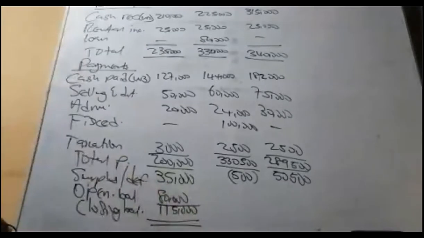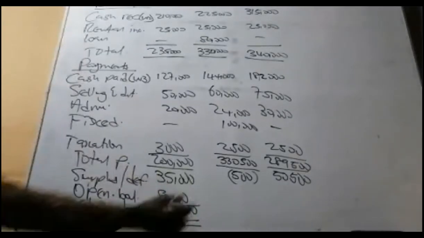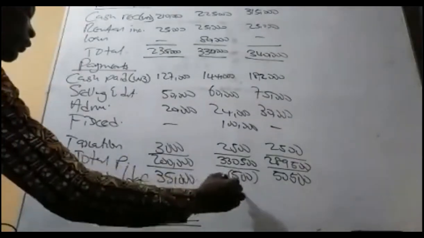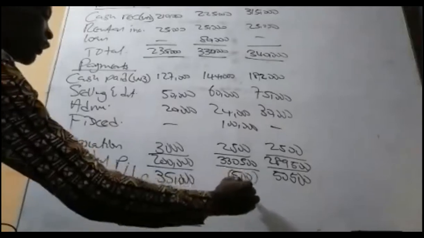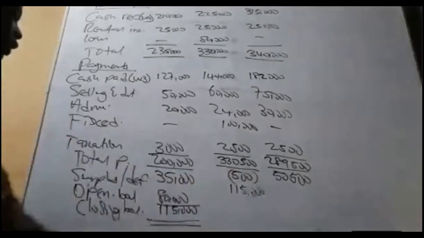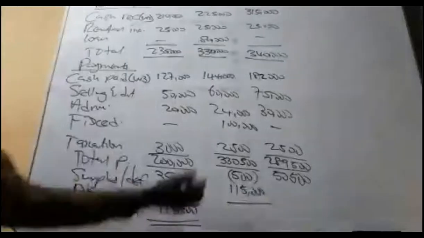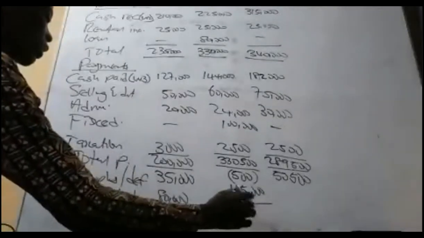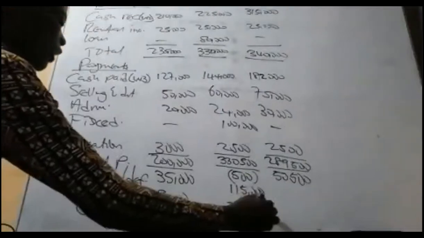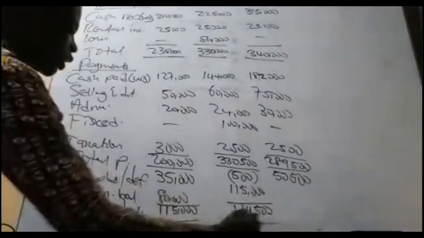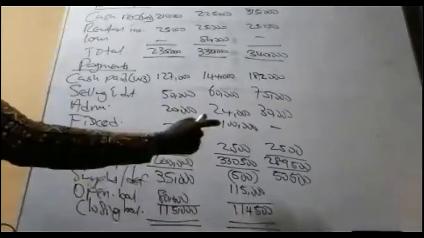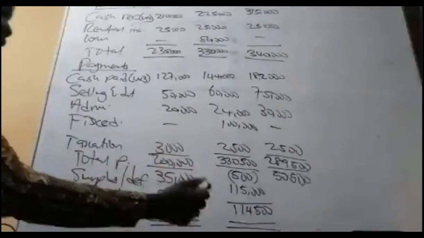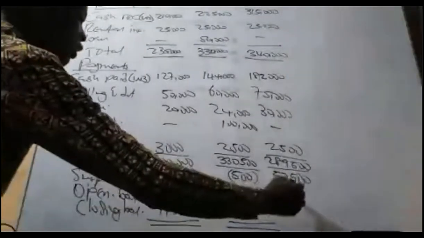Then you are done. Push it here as opening balance of 115,000. Put them together. It's 114,500. Double underline it. Push it to the next month as the opening balance.